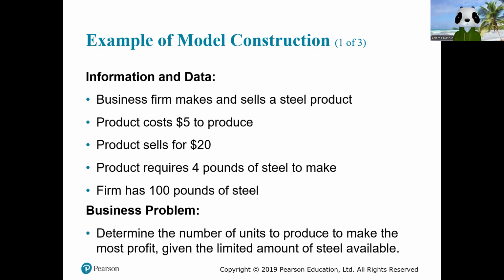So this is the observation. Now the problem. His problem is how many units of the steel product he should produce in order to maximize profit, given that he has only 100 pounds of steel available.